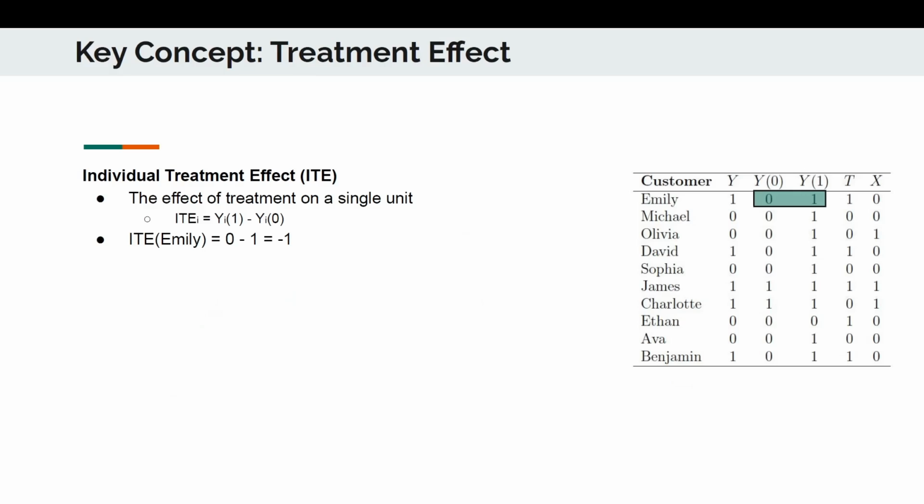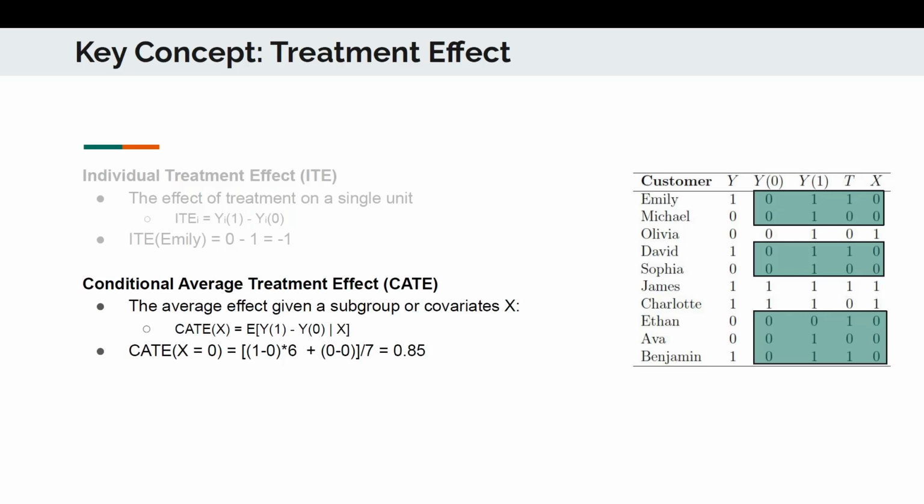All right. When we quantify causal effects, we have several approaches. Individual treatment effect is one of them. It is when we treat a single unit. Here, the treatment effect on Emily is -1. We compare two cases where the person is treated and has not been treated, or two different phases.